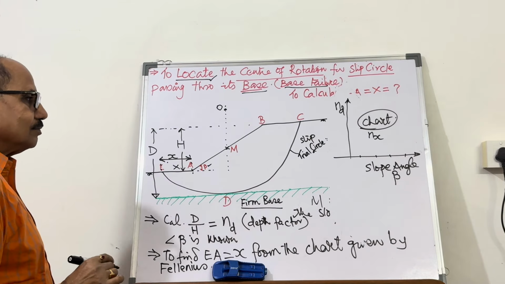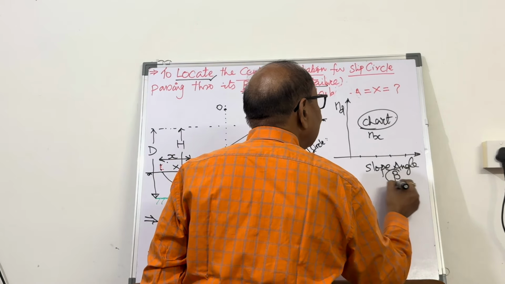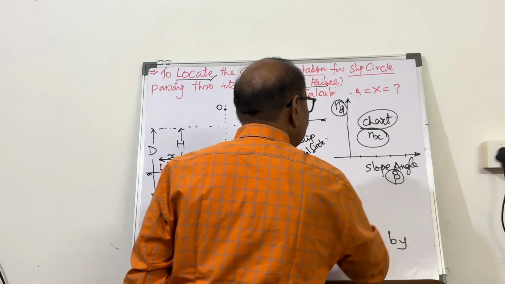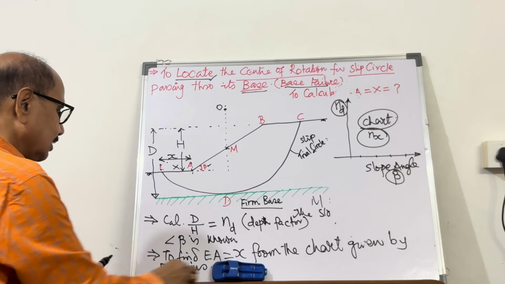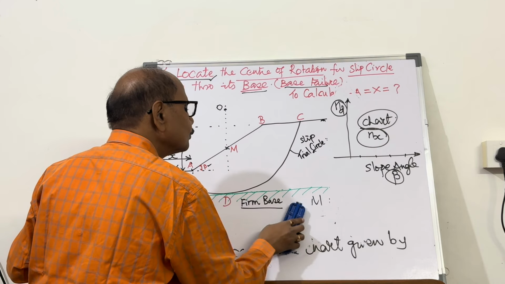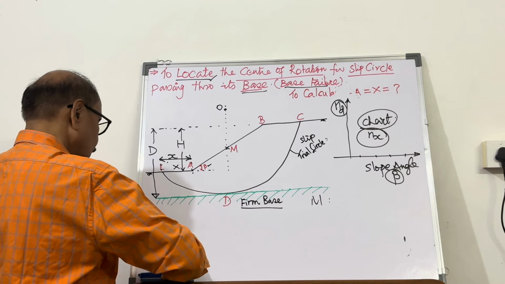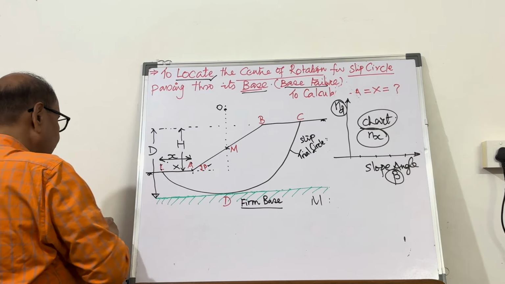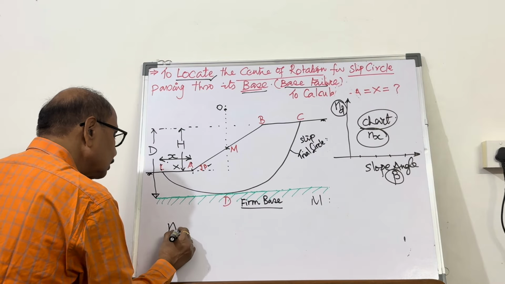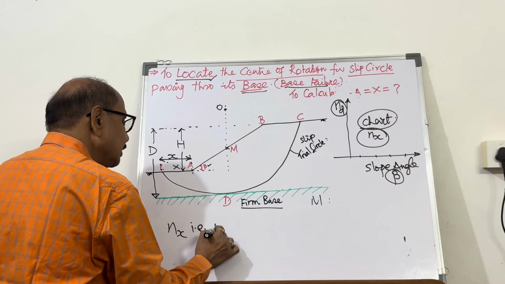So for the given values of beta and given values of depth factor, you are going to get from the chart the value of Nx, that is the distance factor.